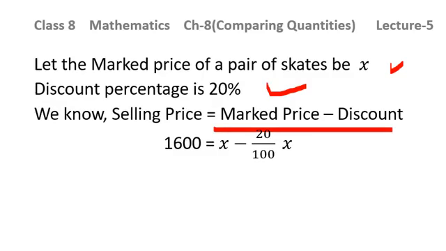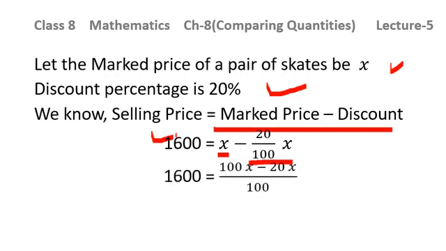We know selling price is given by marked price minus discount. Putting the values here, selling price is 1600, marked price we have taken X, discount is given in percentage, so it will be 20% of X, that is 20 over 100 into X, because we know percentage is a special fraction in which denominator is always 100. So after taking the LCM this side, it will be (100x minus 20x) over 100.